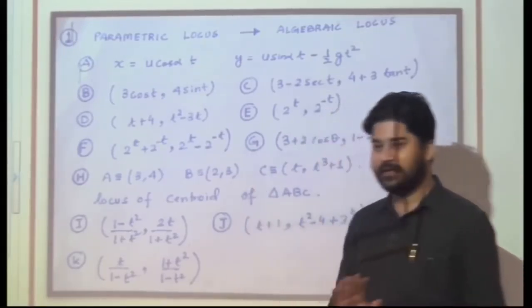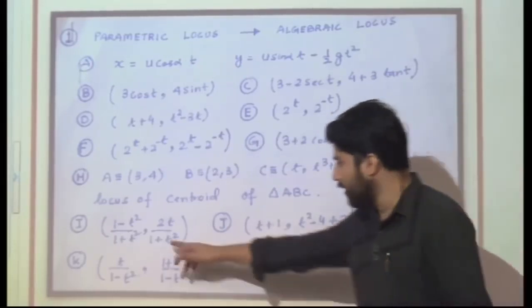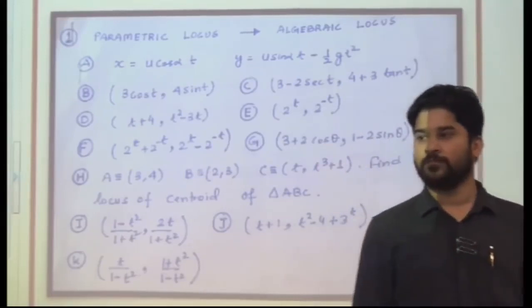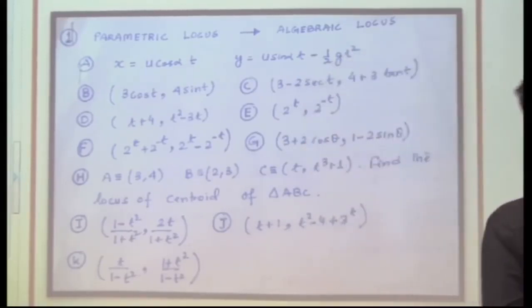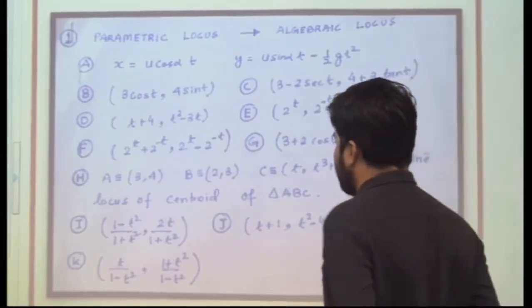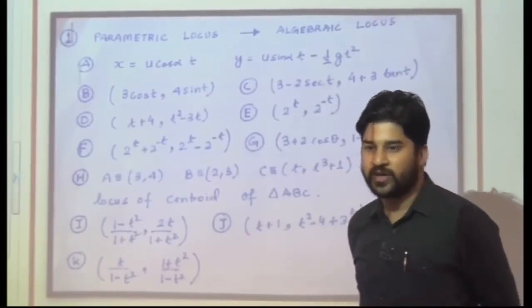Now h part, all said and done, right? How to handle the i part? X is (1 minus t square) upon (1 plus t square), and y is 2t upon (1 plus t square). I am going a little fast because we have to cover many things.